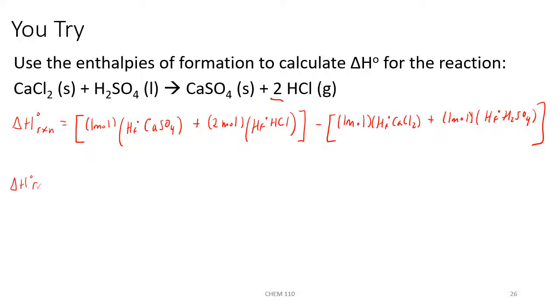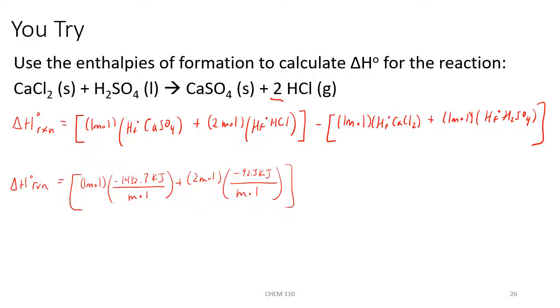The change in enthalpy for our reaction will be equal to 1 mole times our value for calcium sulfate, which is negative 1,432.7 kilojoules per mole, plus 2 moles times our heat of formation for hydrogen chloride gas, which is negative 92.3 kilojoules per mole, minus the sum of our reactants.